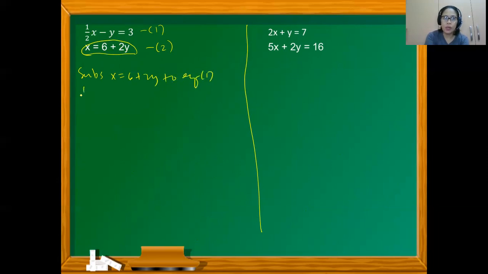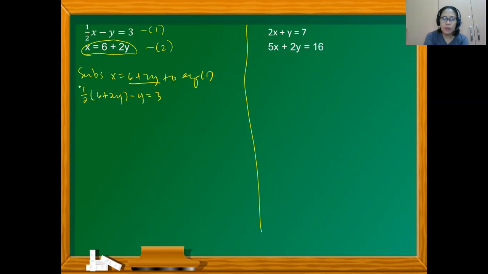So we have 1/2 times (6 plus 2y). So this is 1/2 x. So instead of writing x, we replace that by 6 plus 2y. And then minus y equals 3.